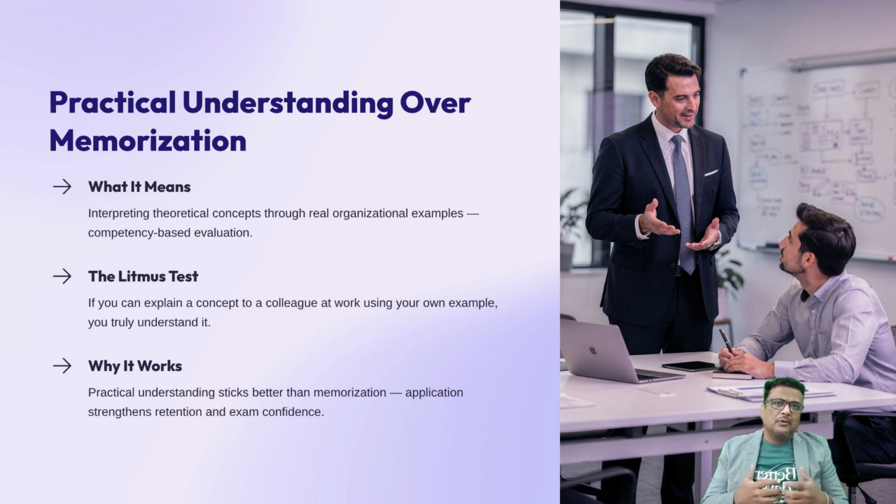I often tell my students, if you can explain it to a colleague at work, you truly understand it. I once asked a candidate to explain change enablement using their own workplace example. That clarity improved their exam confidence dramatically. You've probably seen how practical understanding sticks better than memorization. Stay with me here. Application strengthens retention.